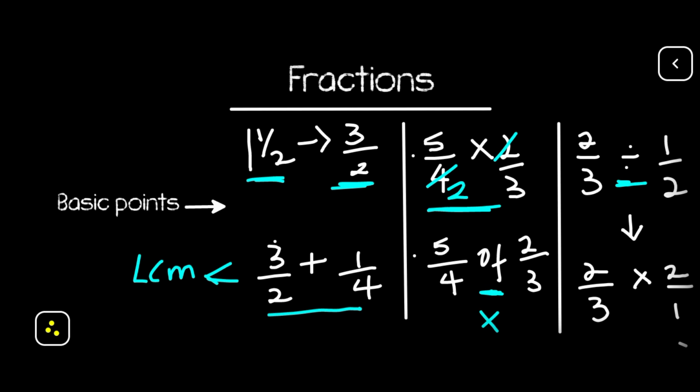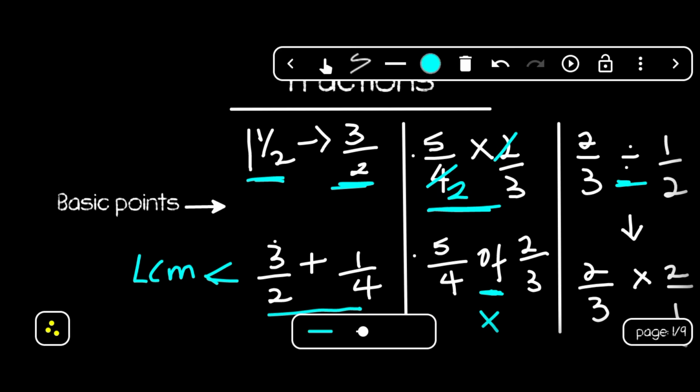And when you change the sign to multiplication, you invert the right hand side. Say, 2 over 3 divided by 1 over 2. To solve this, you change the sign to multiplication and invert 1 over 2 to 2 over 1. So that is how you solve fractions that involve division.